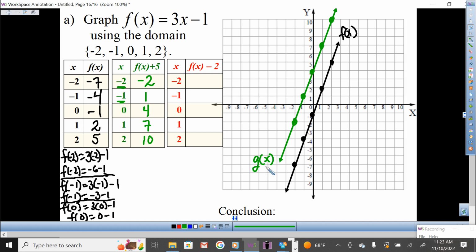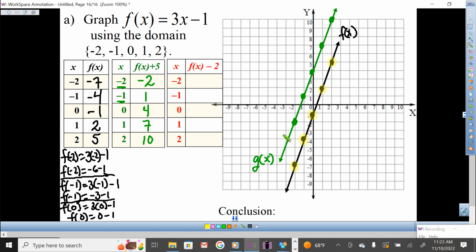Ready? Look up to the screen, write your utensils down or you're going to miss it. Here's my original function, and I started with 5 points. This one, this one, this one, this one, and this one. But my new transformed function is this one.